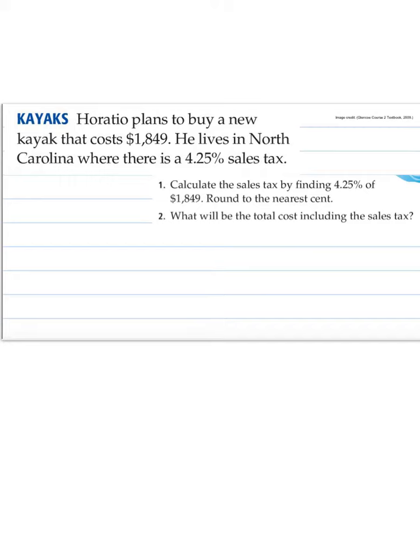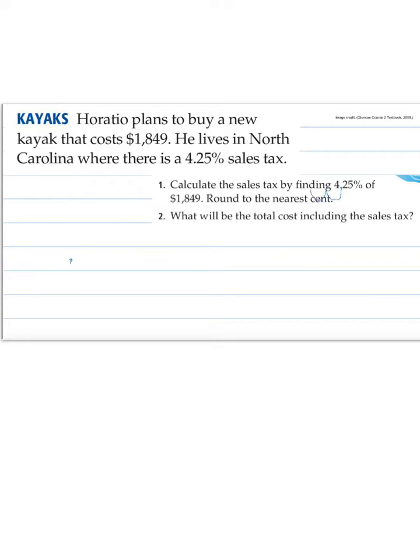Okay, we have another example here. Horatio plans to buy a new kayak that costs $1,849. He lives in North Carolina, where there is a 4.25% sales tax. Our first step here is to calculate the amount of sales tax by finding 4.25% of 1,849. So let's turn the percent into a decimal, move it 2 to the left.